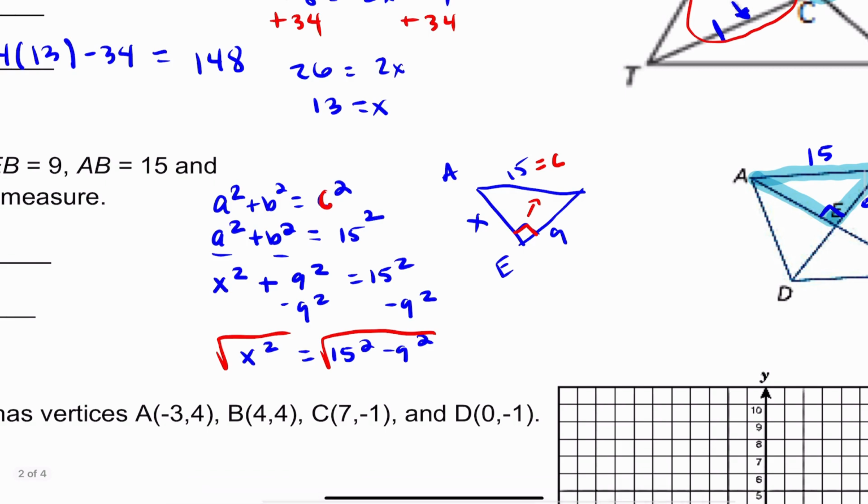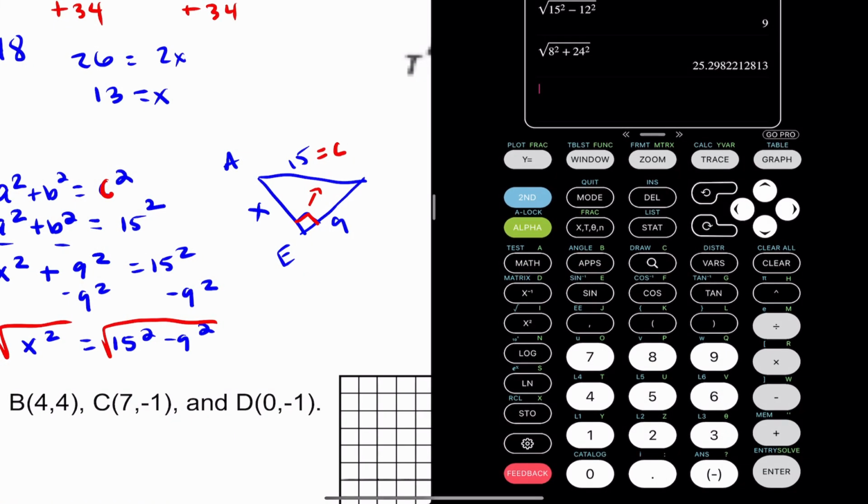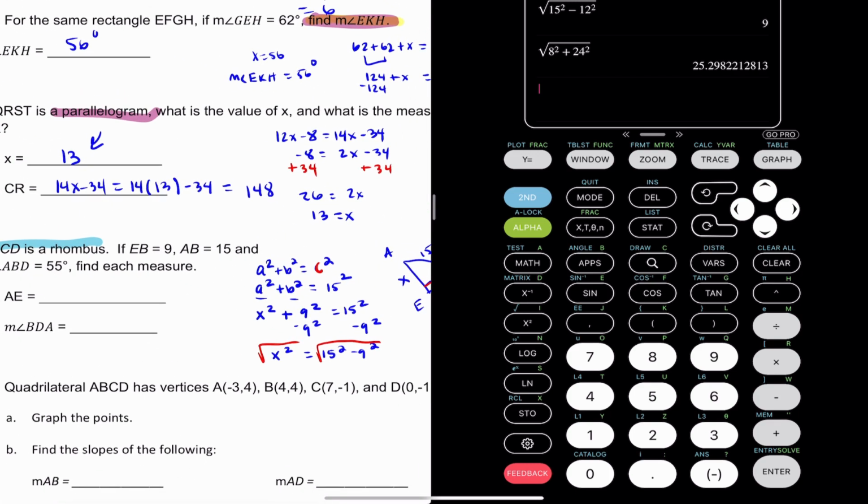And then we're going to go ahead and use our handy dandy calculator. I'm going to use Calculate 84, which you can download on the App Store or wherever you get your apps from. I press second, and I take the square root sign. So second x squared is what you want to do to get that square root sign. And I'm going to input 15 squared minus 9 squared, and look, if I press enter, I get 12, okay?